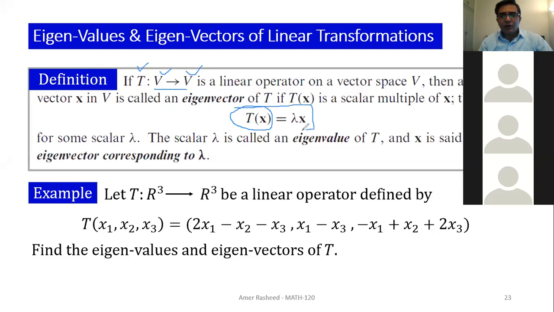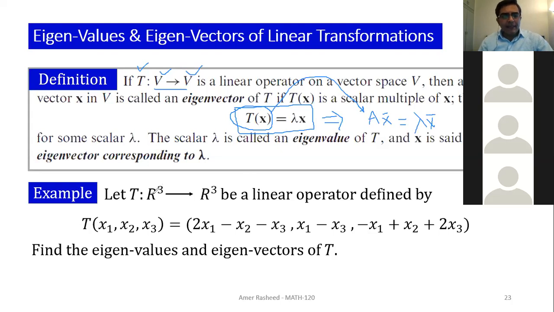We write this equation: T of x is equal to lambda x. This is the same as how we find the eigenvalues and eigenvectors of any matrix A, because T of x can be written as AX. Now AX is further equal to lambda x. This one.